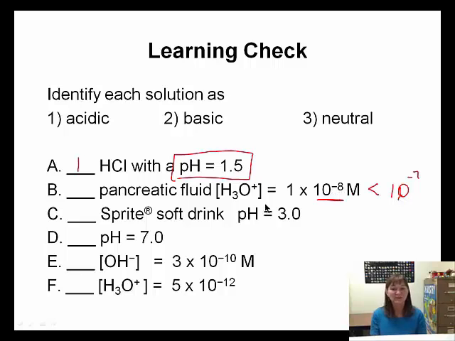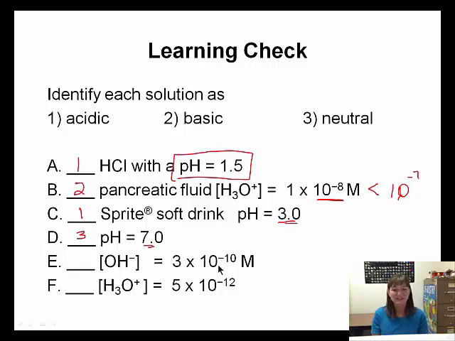So if the hydronium is less than that neutral point, then that must mean I have less hydronium, so I have more hydroxide. And that is one of our definitions of a base. So I'm going to give this a 2 because my hydronium is less than neutral, so hydroxide must be bigger than neutral. pH of 3 is in the acidic range, so that's a 1. pH of 7 is neutral, so that's 3.